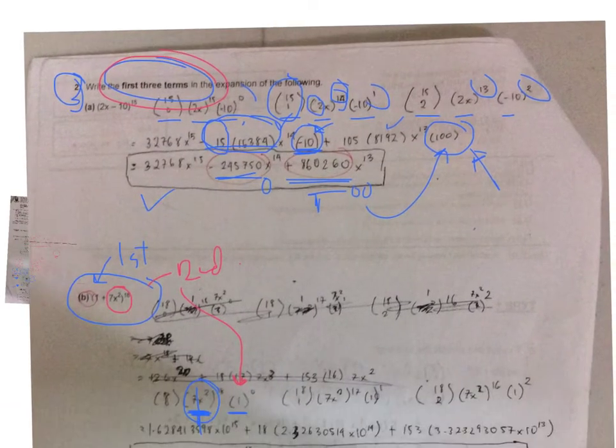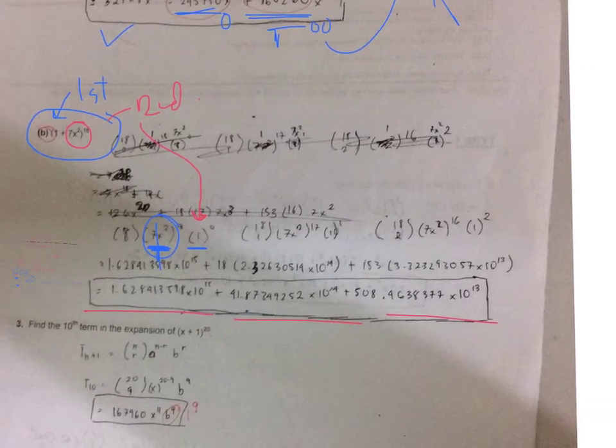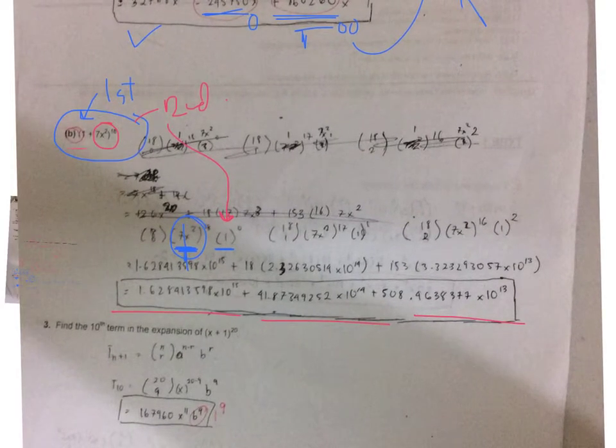And just by interchanging the position of the first and the second will make a big change in your final answer. So idea, do not interchange the first and second. So the 7x squared should be 1 and the 1 should be 7x squared.